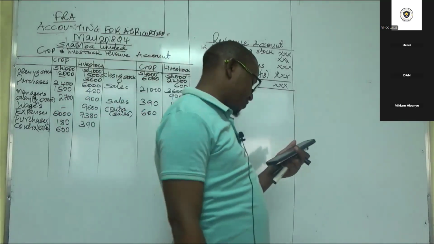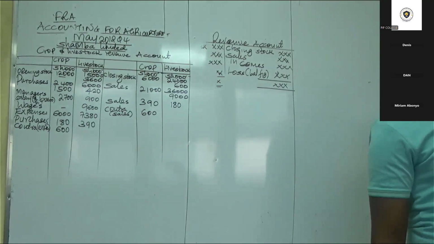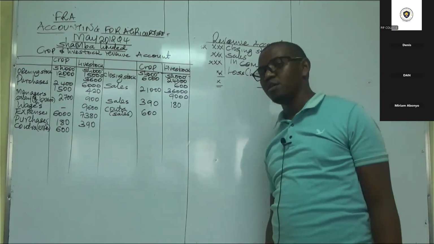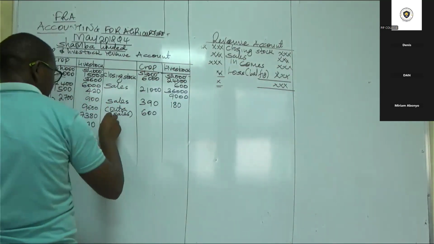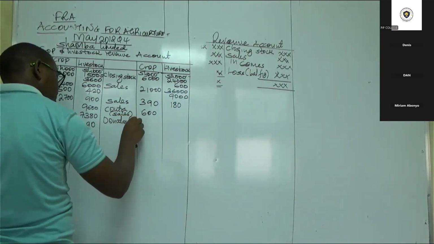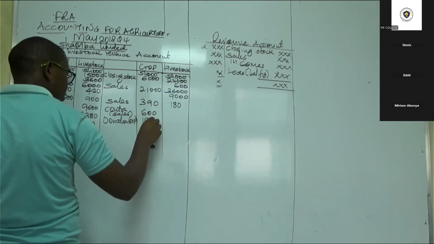We continue. While crops valued at 1920 were donated, these are benefits in kind. So for donation, we said we assume they have made a sale. So the donation ni kama umeuza of how much? 1920.